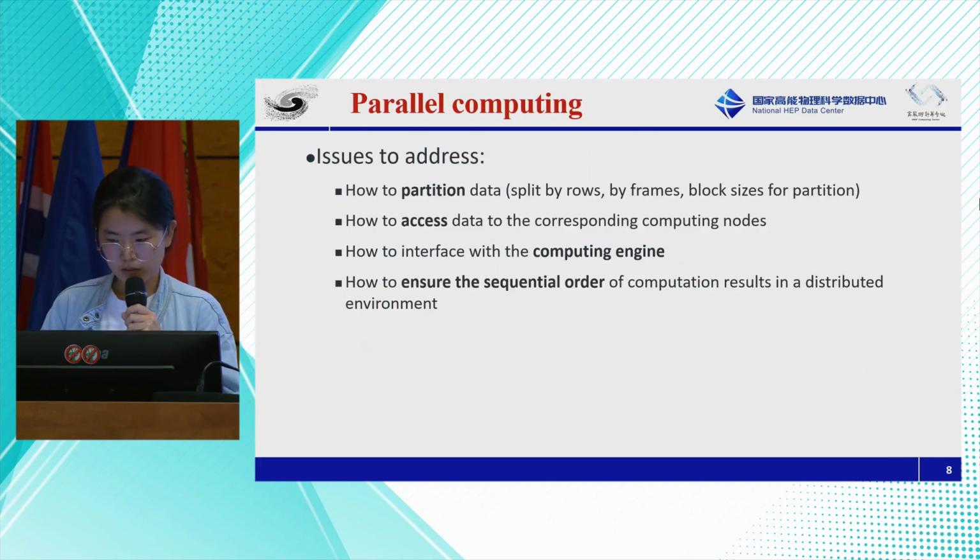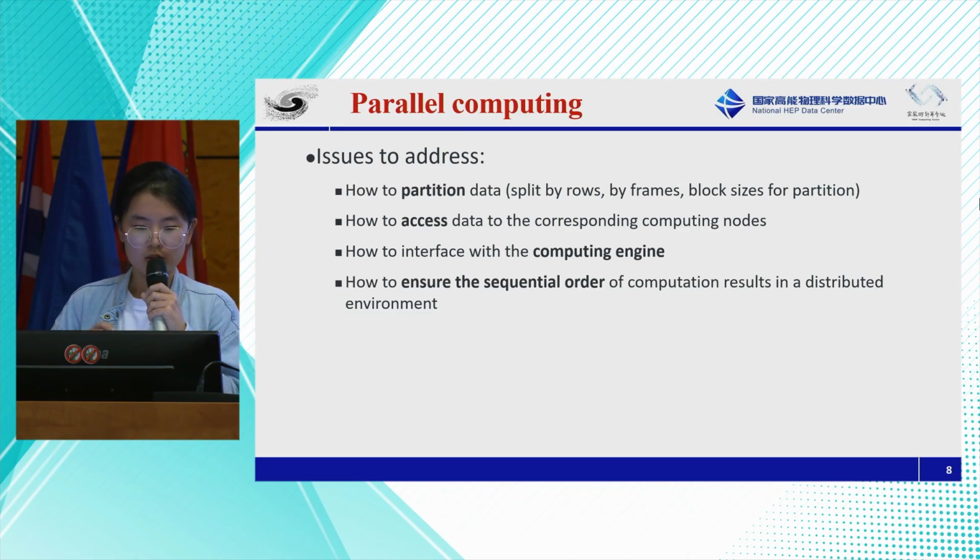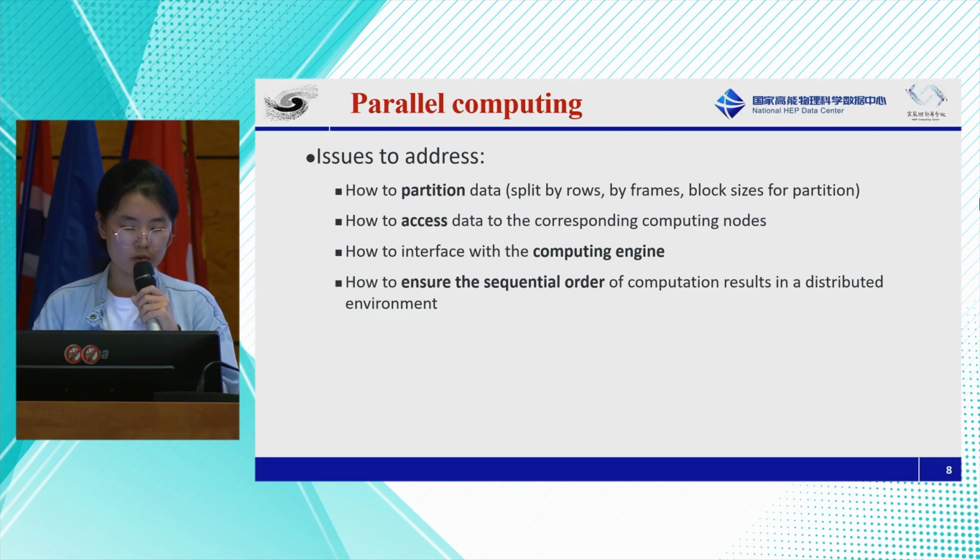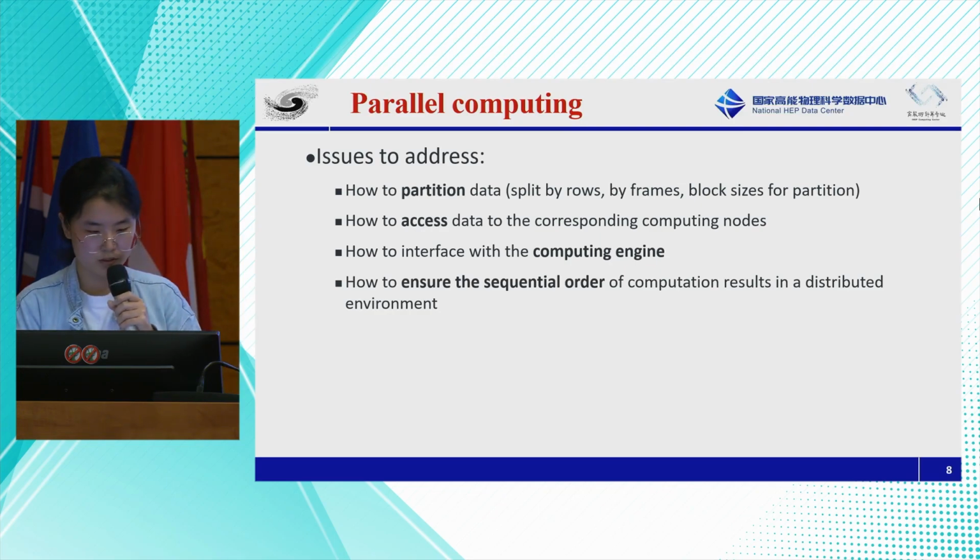And then we want our interface to have the ability to support parallel computing. So we have to address issues such as how to partition data, how to access data, how to work with the computing engine in DAISY, and how to ensure the order of the computation results in such a distributed computing environment.